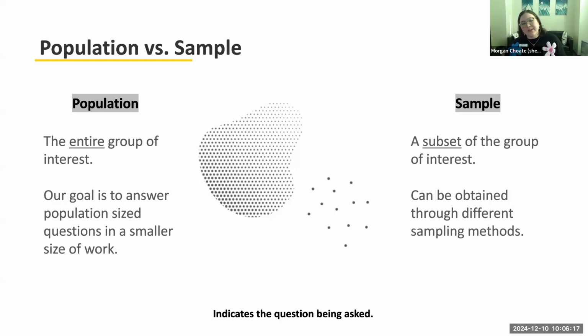And samples are obtained through different methods. So there are different ways that you can collect that information and determine who's included in that group. But the main takeaway from population and samples is when you're reading a study, or engaging with information, and you start to think to yourself, what might their population be? You're ultimately getting the information of what question they are asking.